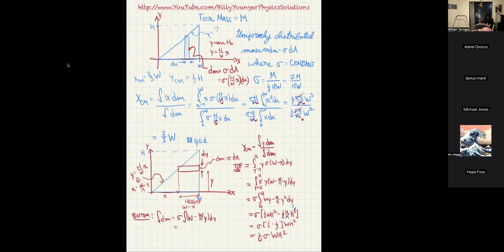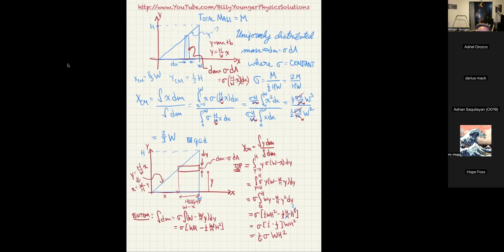So when I integrate this, I get sigma times the integral of w with respect to y, and of course this is integral from 0 to h again, but the integral of w with respect to y is wy, and then I evaluate that from 0 to h, so I just get wh. And then the integral of w over h times y is 1/2 w over h times y squared. But y is going to be evaluated at h and 0, so that's going to become h squared, like this.